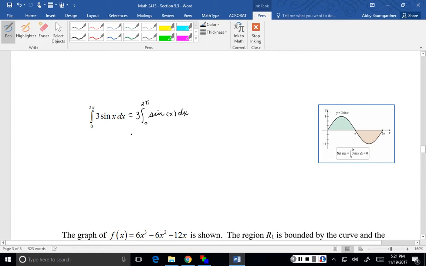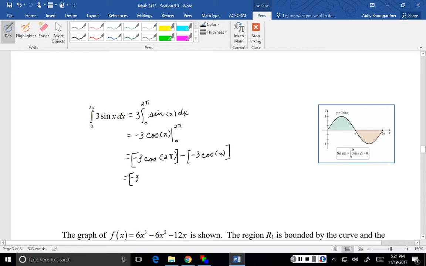And then you ask yourself, what, when you take its derivative, gives sine as its answer? You should say negative cosine, and we want to evaluate this from 0 to 2 pi. First thing we plug in is our 2 pi, and then we want to subtract from that whatever we get when we plug the 0 in.